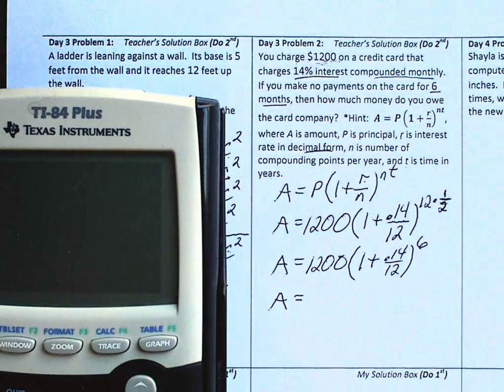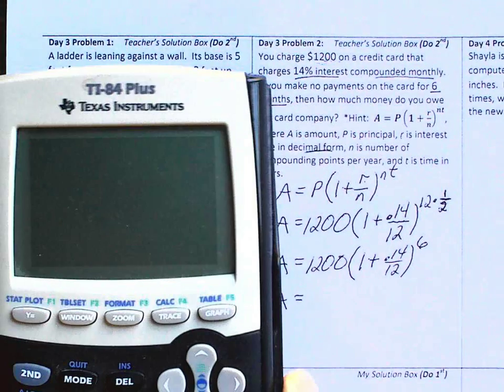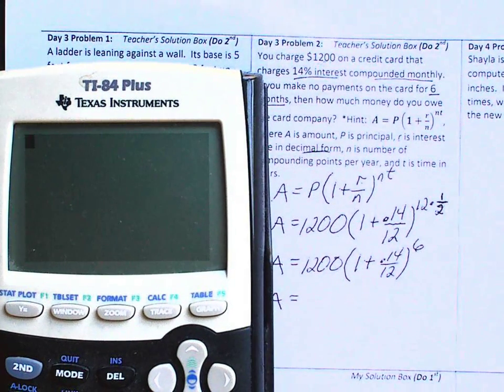Okay, so here is the calculator, and we need to type in this expression. So 1200, parenthesis, 1 plus, and then 0.14 divided by 12, close up the parenthesis, and now we want that exponent of 6. On this kind of calculator, the exponent key is the arrow key that's right under the clear button, and then the 6.